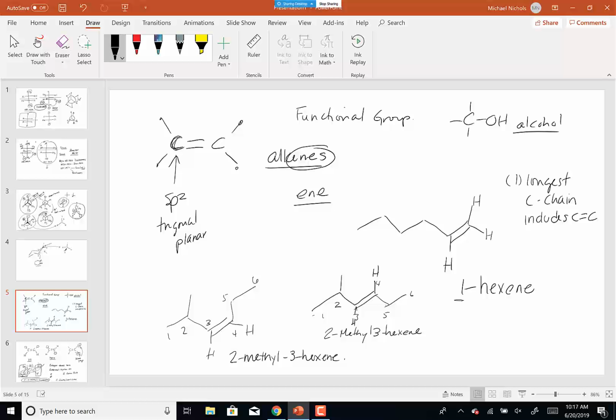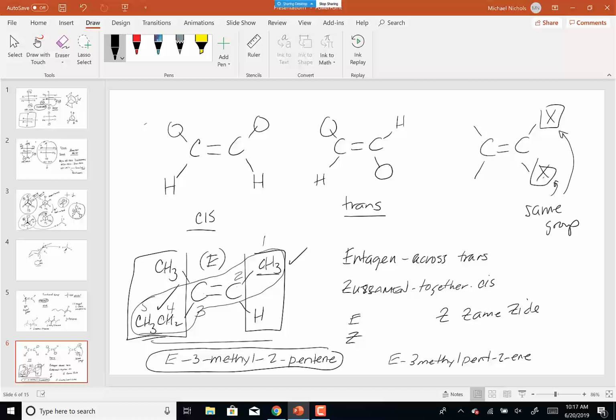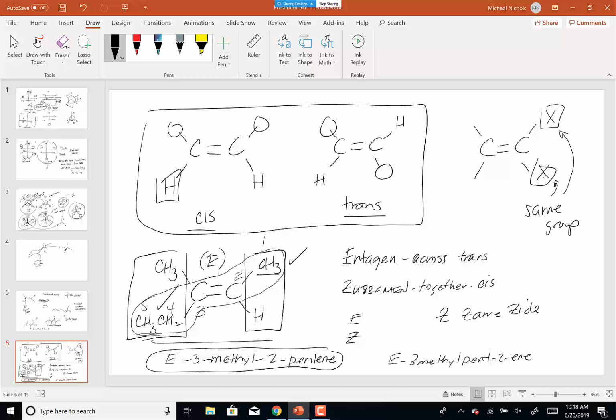So for the cis and trans, it has to look like this. Each carbon in the double bond has to have 1 hydrogen and something else.